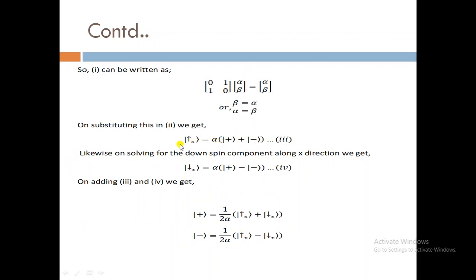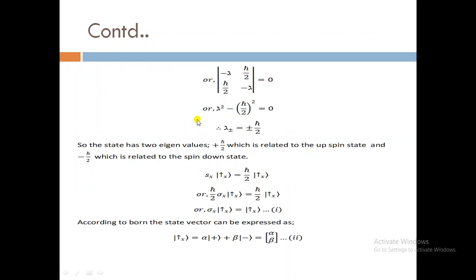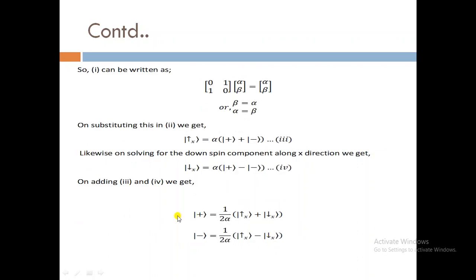Likewise, if we solve for |↓x⟩, what will we get? Here the eigenvalue would be minus ħ/2, so that alpha equals minus beta and beta equals minus alpha. On solving that, |↓x⟩ equals alpha, in the middle there would be minus, the other would be the same. You can check yourself also how.